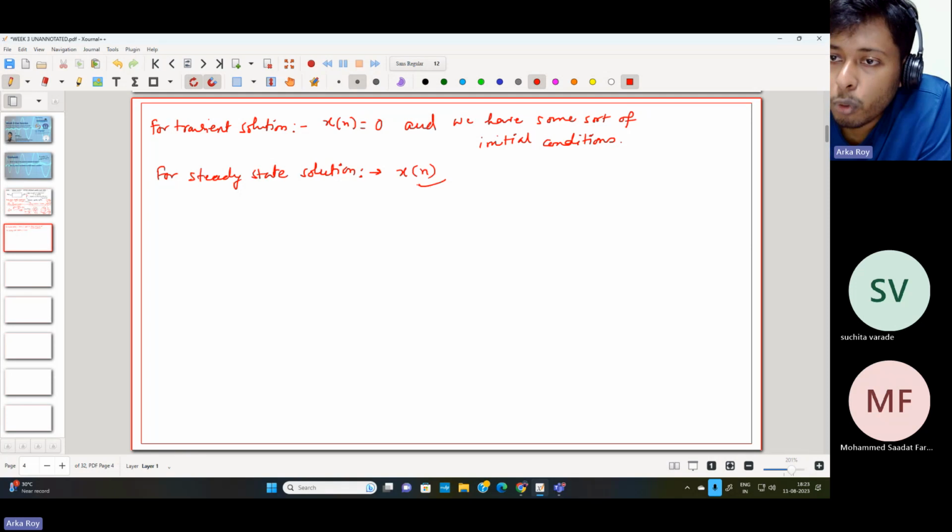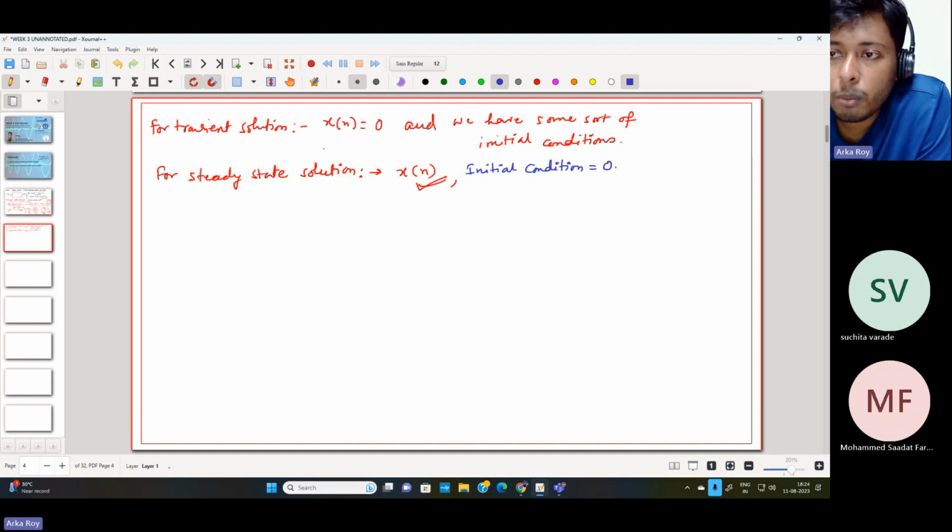We have to consider the input, and the thing that we have to take care of is that the initial condition should be equal to 0. That means we will not allow any initial condition provided that we have some input. However, in case of the transient solution, we will consider that we don't have any input.